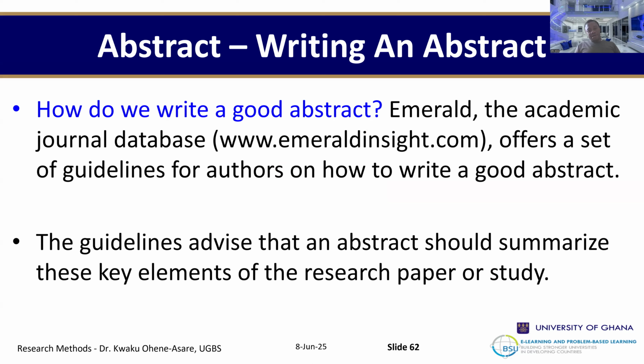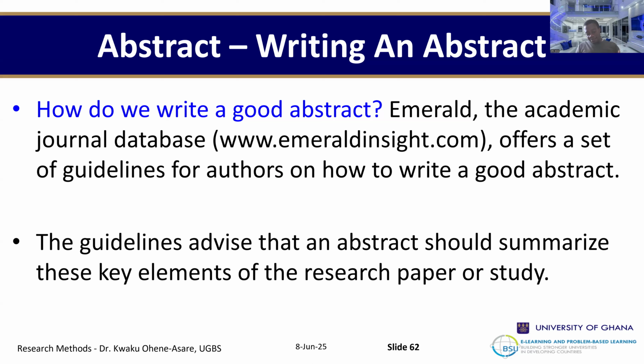Now, when you go to Emerald, Emerald actually gives a set of guidelines for authors on how to write a good abstract. The guidelines tell you that an abstract should summarize key elements of a research paper.